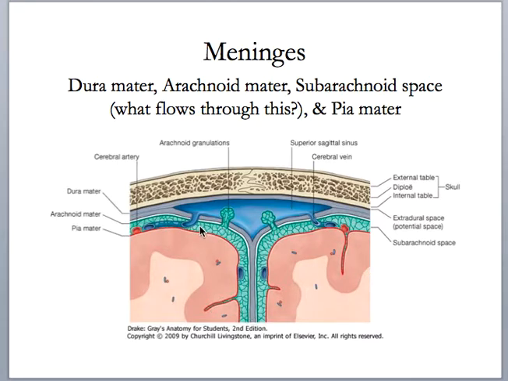So we have dura mater, then arachnoid mater, then the subarachnoid space where CSF flows, and then the pia mater, a very delicate connective tissue directly adhered to the brain. It follows all of the contours of the brain, and it's highly vascularized, containing all the capillaries.